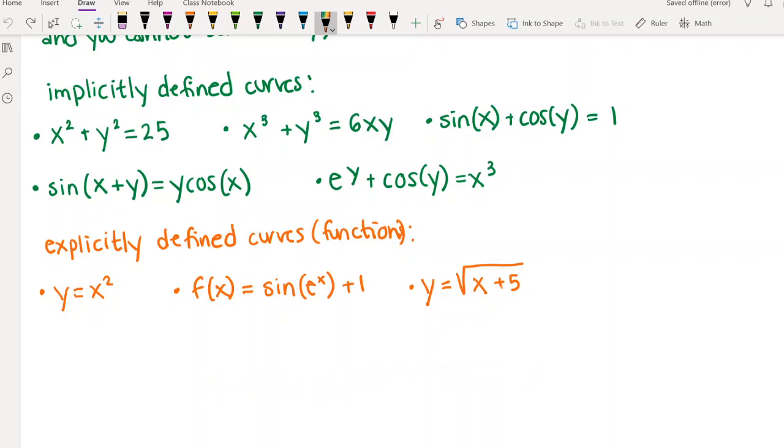So why do we need a new method for taking derivatives for things that look like x squared plus y squared is equal to 25 or sine of x plus cosine of y is equal to 1?